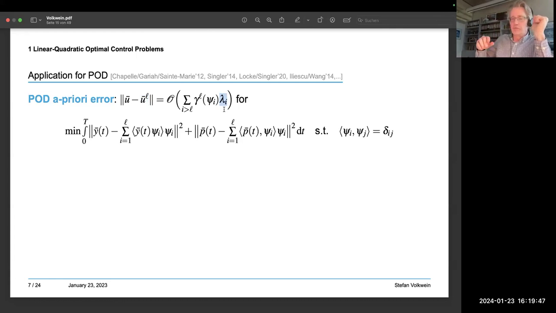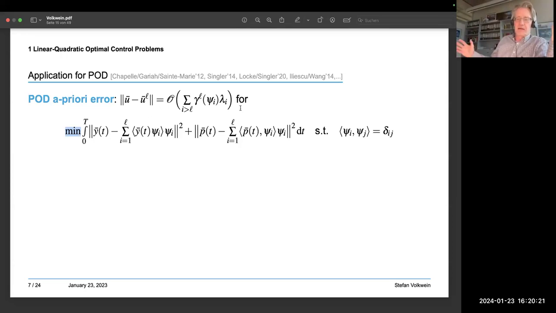And these eigenvalues, of course, decay. It looks not so bad if the lambda goes fast to 0. But we only have this estimate for this kind of snapshots. And there you see, there's a bar everywhere, which means you have to know the solution. Then you can build a basis from the optimal state and the optimal adjoint.